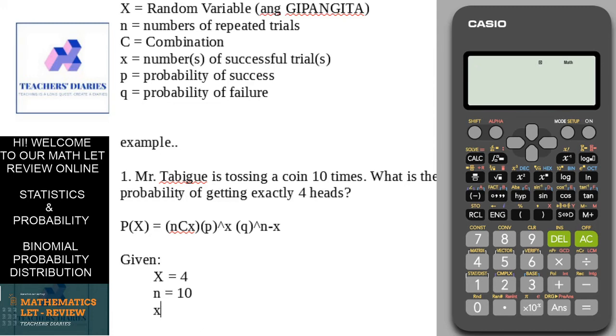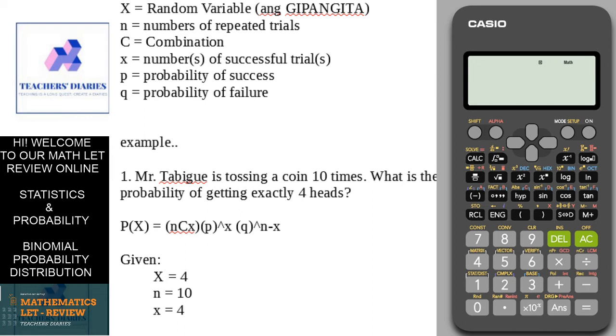Okay, we go to small letter x, that would be the number of successful trials. Since we're trying to have 4 heads, here it should be 4 for the successful trials, because we're looking for exactly 4 heads.